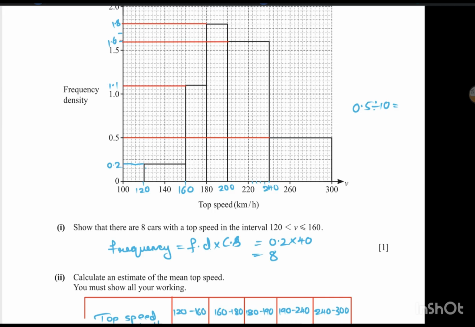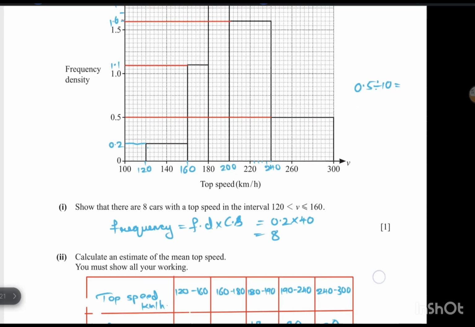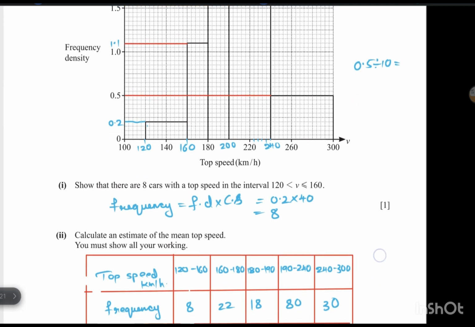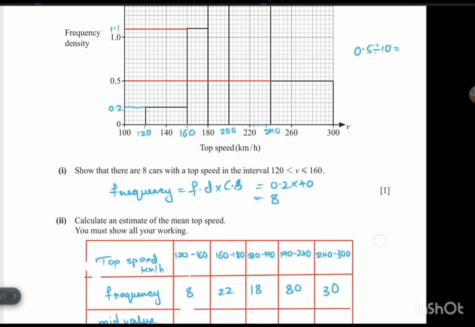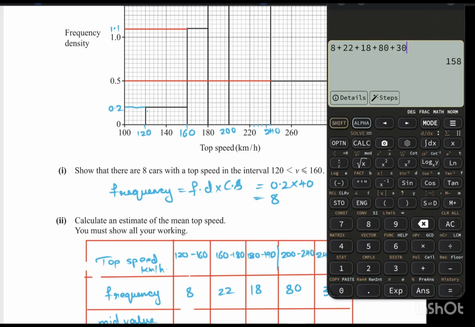Okay, 200 to 240 it should be this class. 200 to 240 will be 40. So here the class size is 40. So 40 into 1.6 is 64.